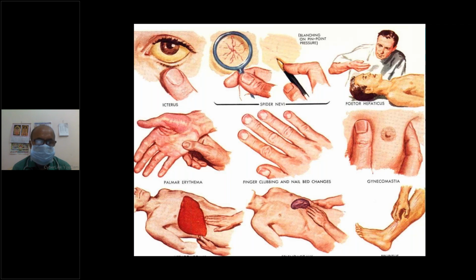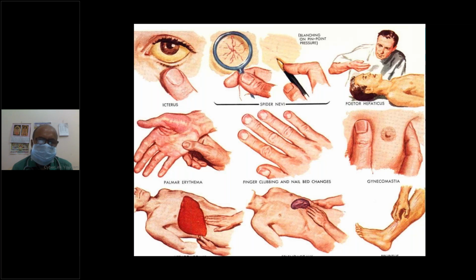You will appreciate a resonant note in the second, third and sometimes fourth space on the right side, where you may get an impaired note, but definitely you get the dull note in the right fifth intercostal space, which you take as the upper part of the liver. Impaired note also you can tell, but most of the time they take the fifth intercostal space in the right midclavicular line as the upper border of the liver.